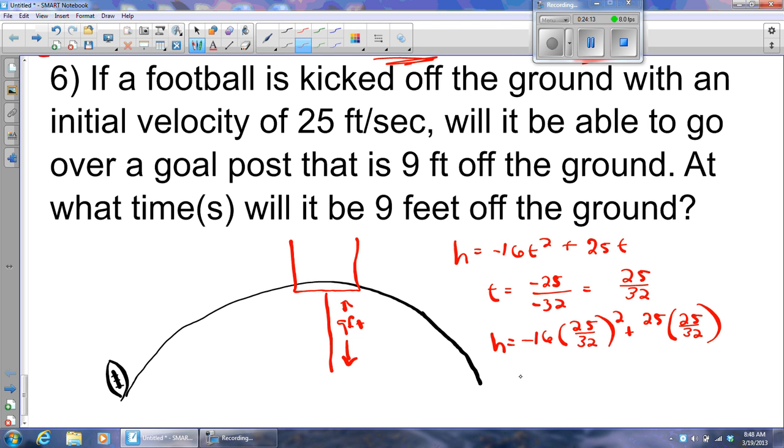I get that the height is about 9.77 feet. So yes, it will go high enough.